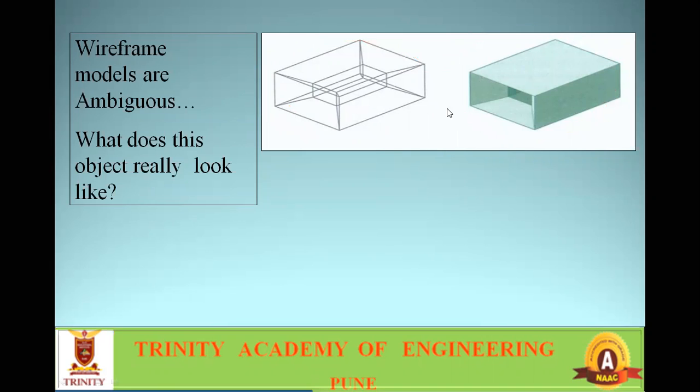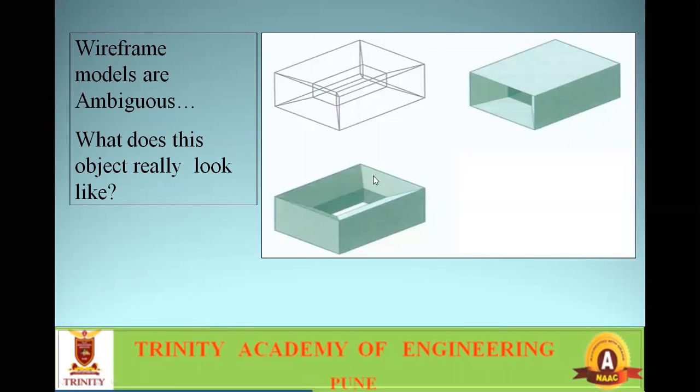Coming back to our regular point, that is the object. This one is more correct, and this one is more correct. According to me, this is not correct, but these three are correct.